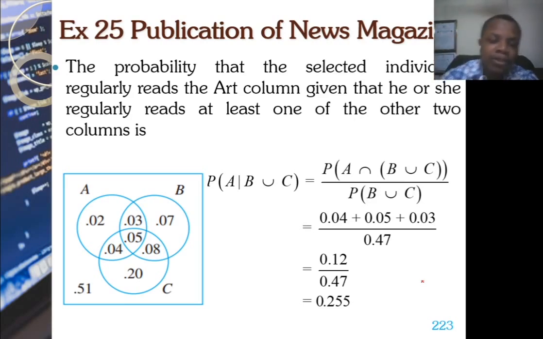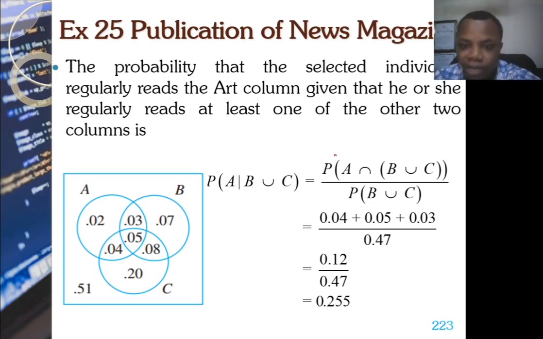So in this case, we've been given that the person reads the A column, given that he read at least one of the two other columns, meaning either column B or column C, which is represented by the union. So B or C is represented by union. So the whole expression for this will be probability of A given B union C.